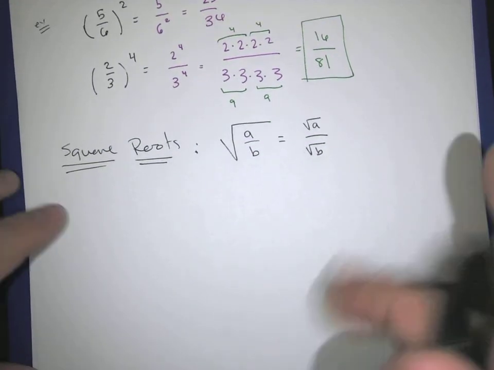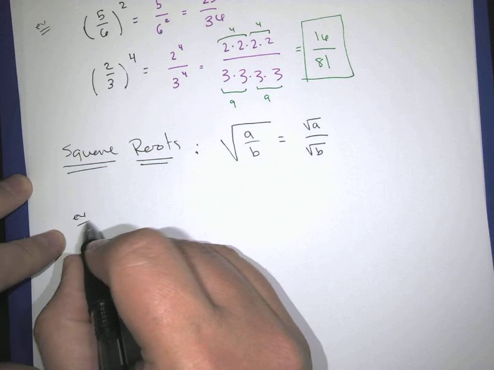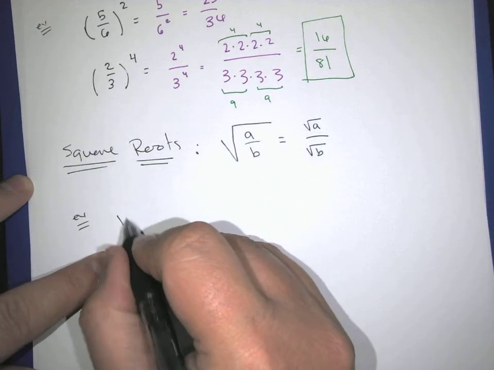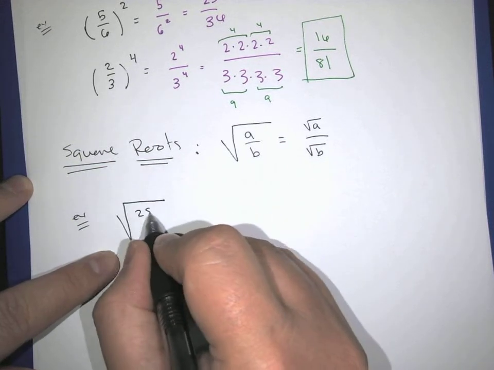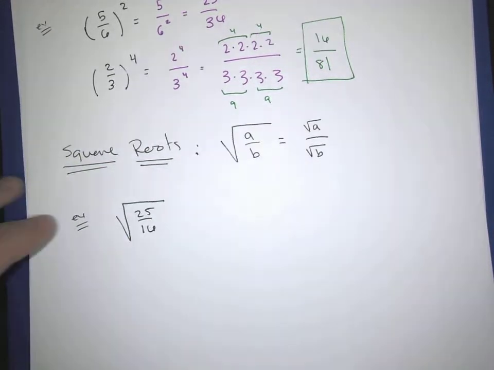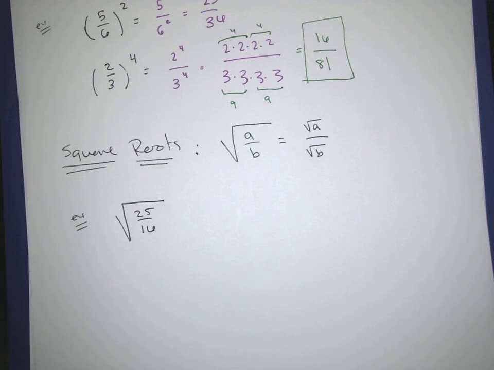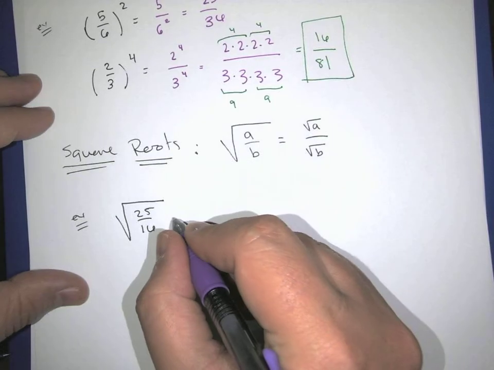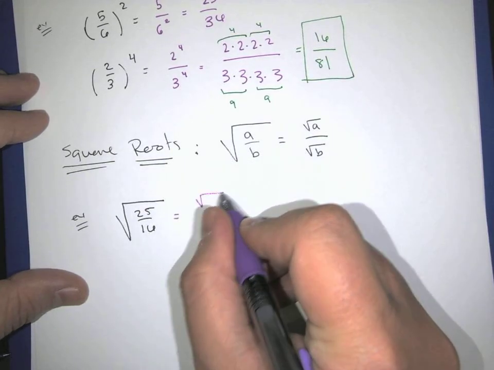This allows me to take, for example, the root of the fraction 25 over 16. You might say to yourself, what the heck do I have to multiply by itself to hit 25 over 16? It wouldn't necessarily be super obvious. And so this allows us to simplify these much faster.